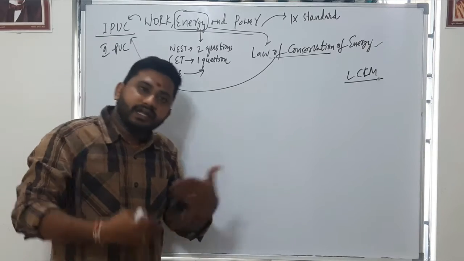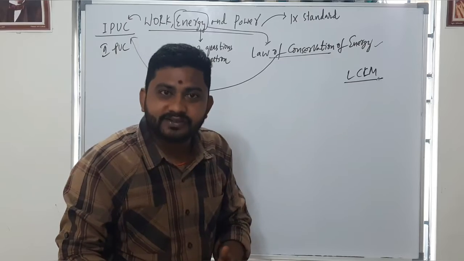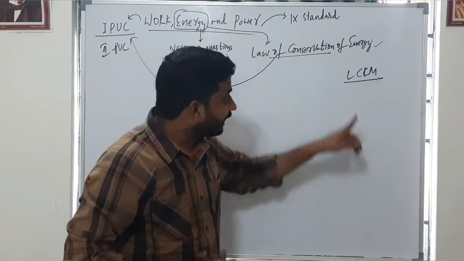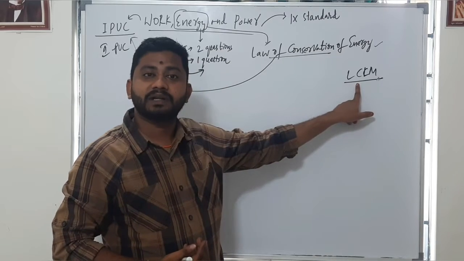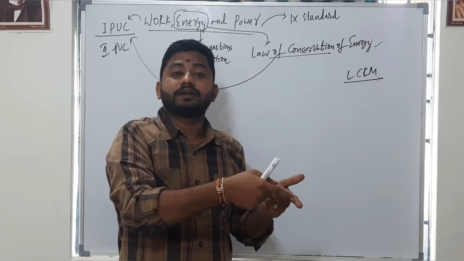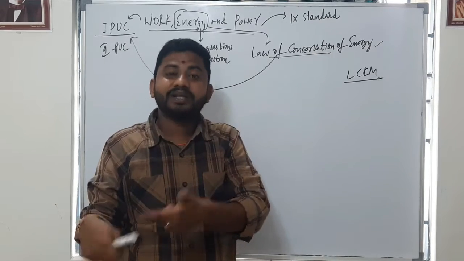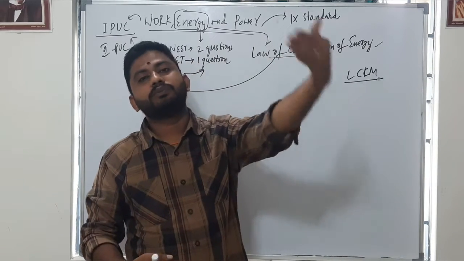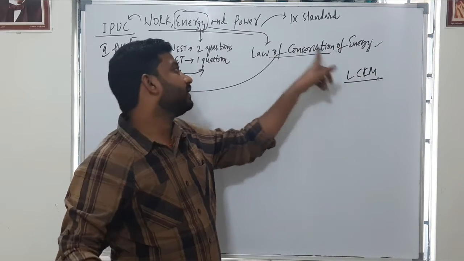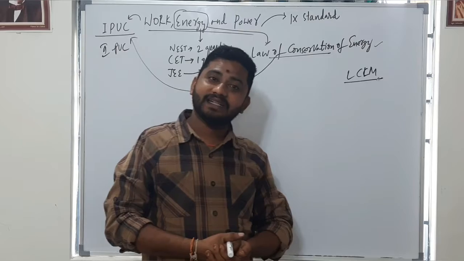Energy can neither be created nor be destroyed. It just changes from one form to another form. In the same way, linear momentum can neither be created nor be destroyed. It just transfers from one body to another body.